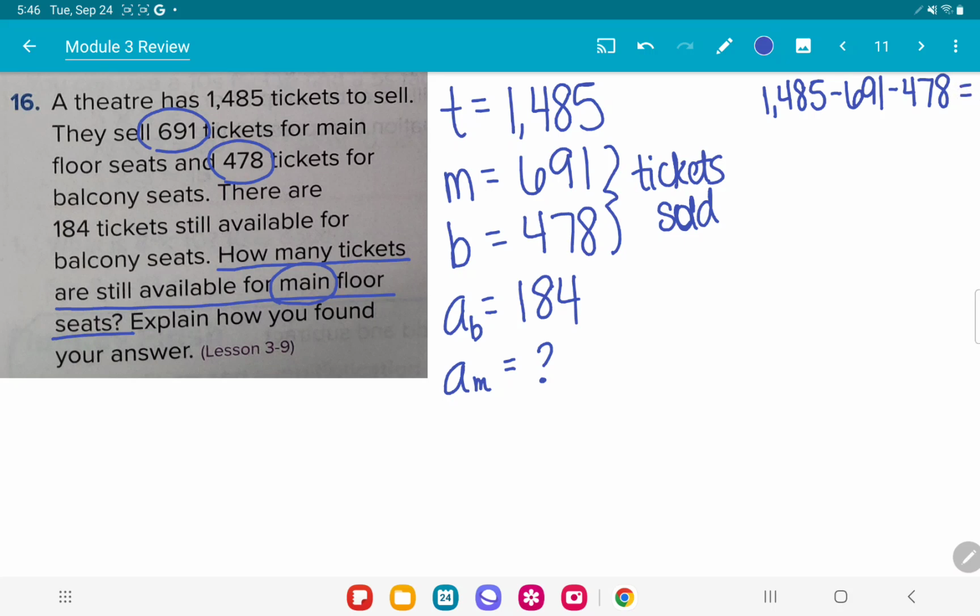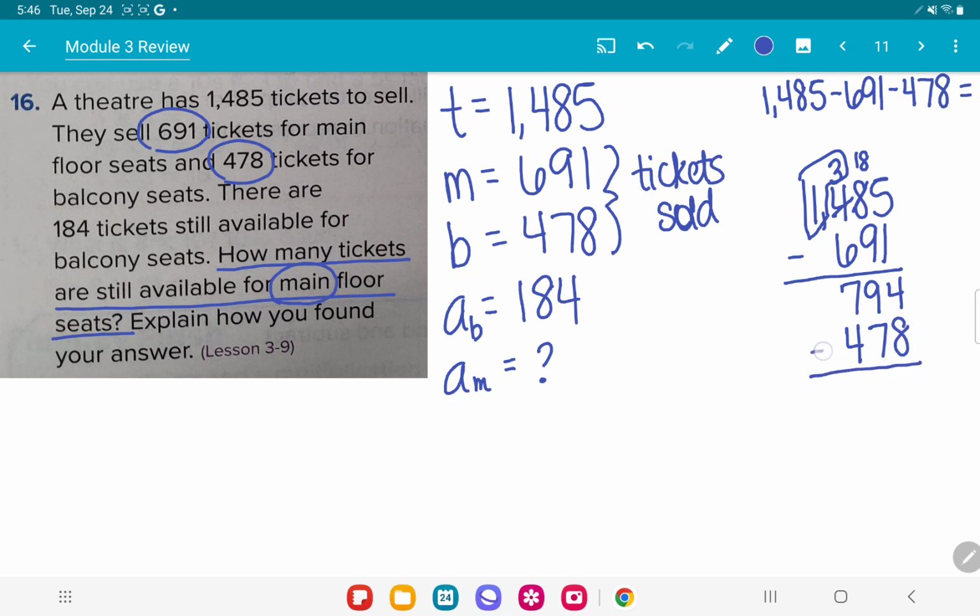If I subtract those, that's going to give me the number of tickets that are still available. 1,485 minus 691, my total minus the main floor seats sold. 5 minus 1 is 4. 8 minus 9, I'm going to have to regroup. 18 minus 9 is 9. I can't do 3 minus 6, but I can see this is 13 left. 13 minus 6 is 7. So that's 794.